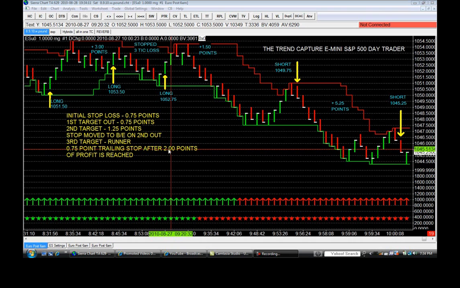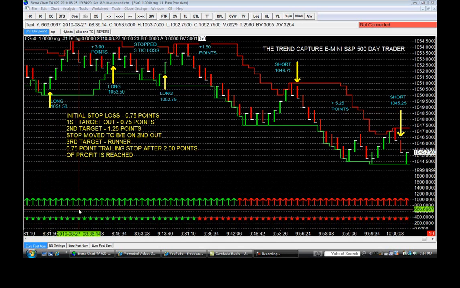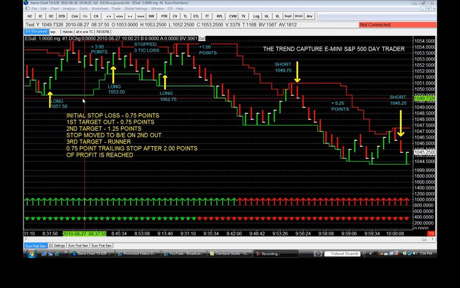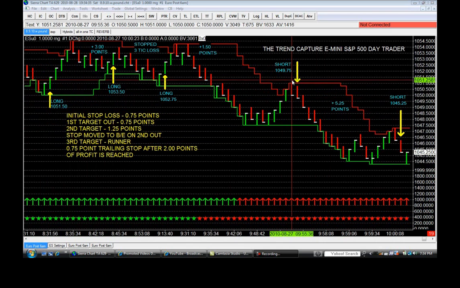So let's get right at it, and I'll show you what I've come up with here. As usual, we've got the flow indicators down here, which both need to be green on a touch of the lower green band to go long, and both need to be red and a touch of the red band for a short.